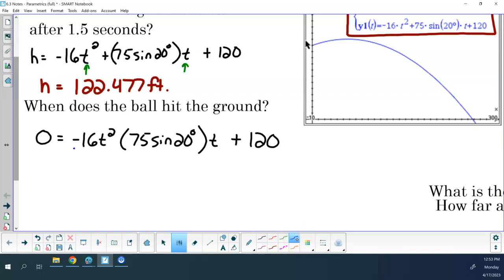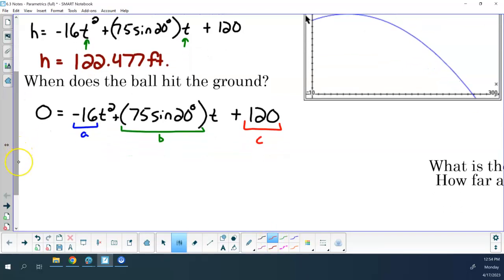Negative 16 is my A, 75 times the sine of 20 degrees is my B, and 120 is my C.